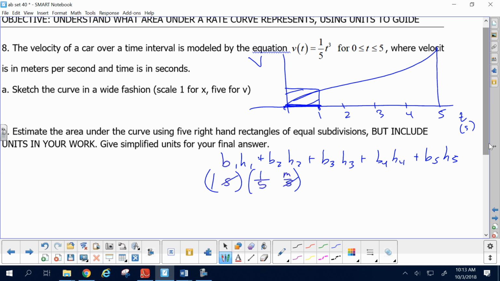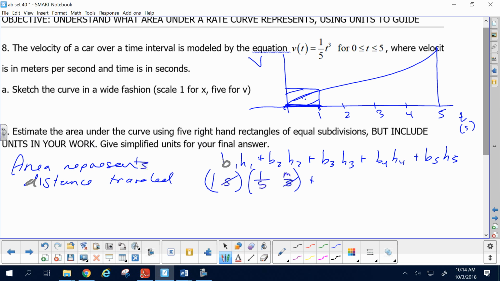That area represents distance or displacement, distance traveled on each little subinterval. So it looks like in that first second he went about 1 meter. Now it's probably a little less because that rectangle is an overestimate. So he probably didn't go a full meter, he probably went a little less than a full meter, or 1/5 of a meter, sorry.